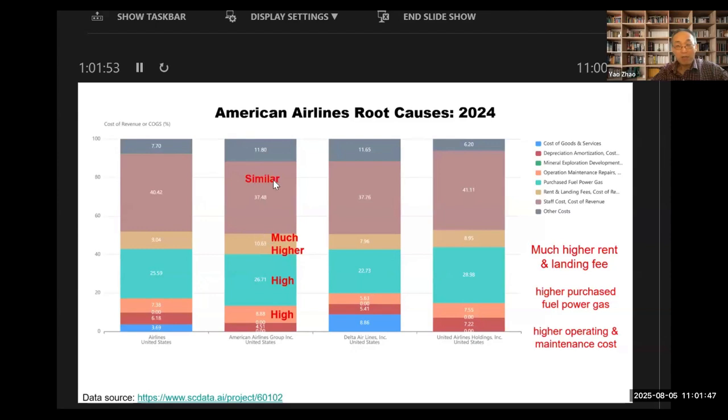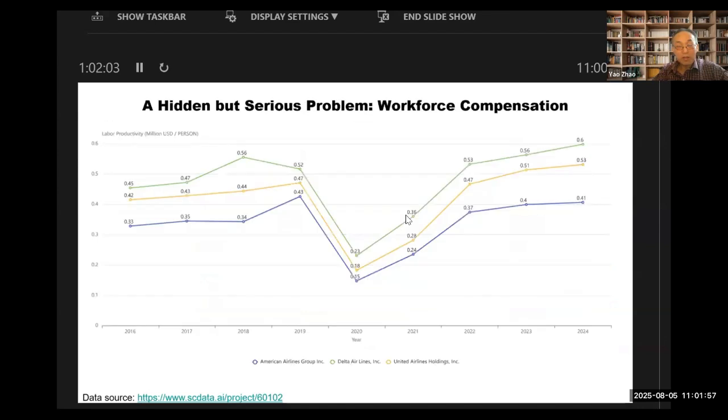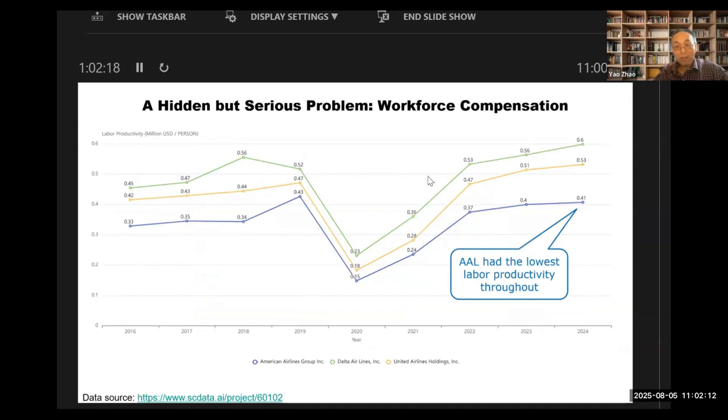Now, if you look at the staff cost, the staffing cost, that's the pilots, the flight attendants, and so on, the cost actually is similar to the peers. Okay, this actually shows a hidden but serious problem. If you combine the similar staff cost with their labor productivity, it turns out in all these years, American Airlines here in the blue line, labor productivity is much lower than the peers. So what's labor productivity? It's really revenue divided by the employees. It's much lower.